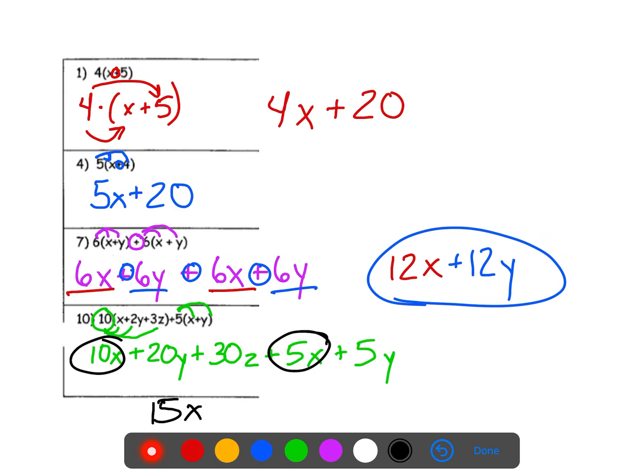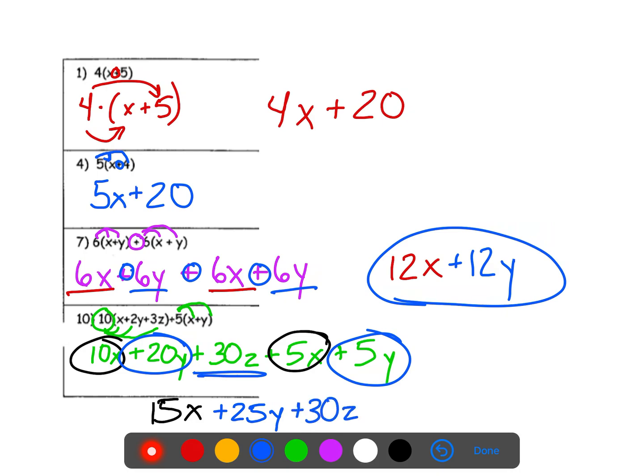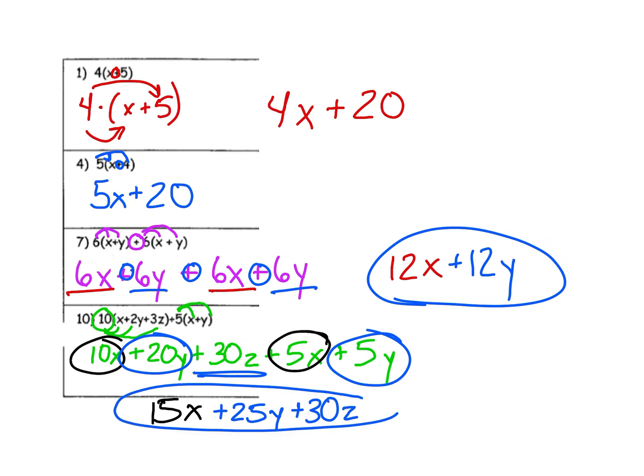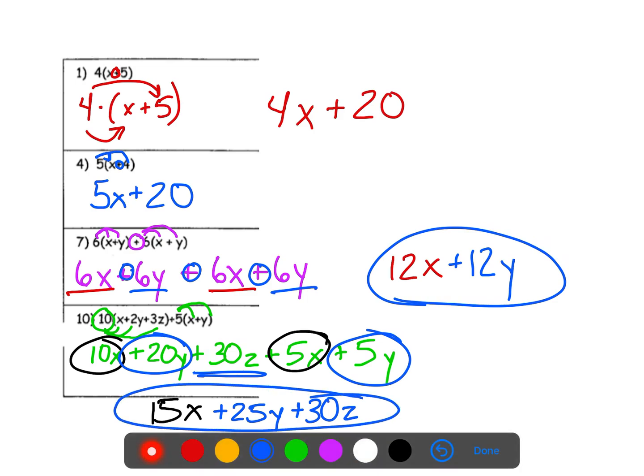I have 20y and 5y. So I should write that as plus 25y. And then finally, I can't forget about my last value. There's nothing to combine it with, but I don't want to forget it as I rewrite this as 30z. And this would be, again, that simplified version of the expression.